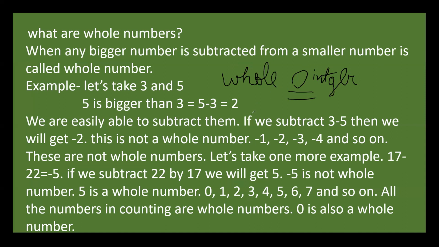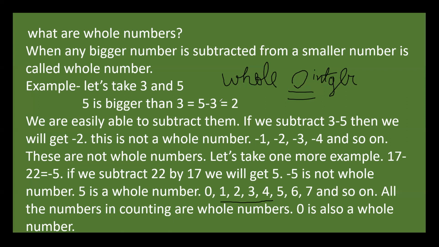These numbers 1, 2, 3, 4, 5 are also integers, but they are the positive integers. So there are positive integers plus negative integers, and 0 is neither positive nor negative. That is why 0 is a special number.